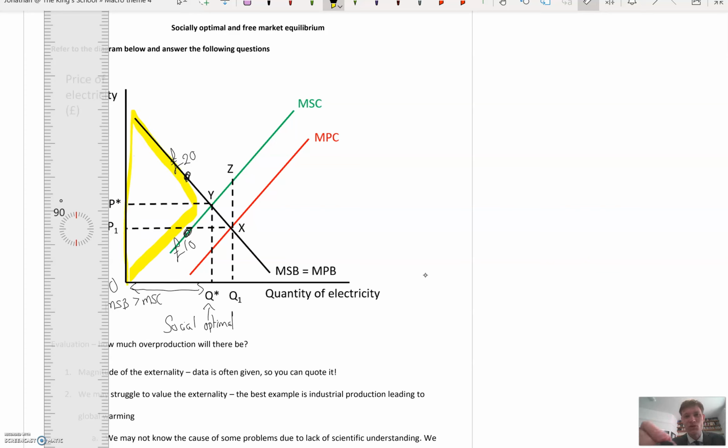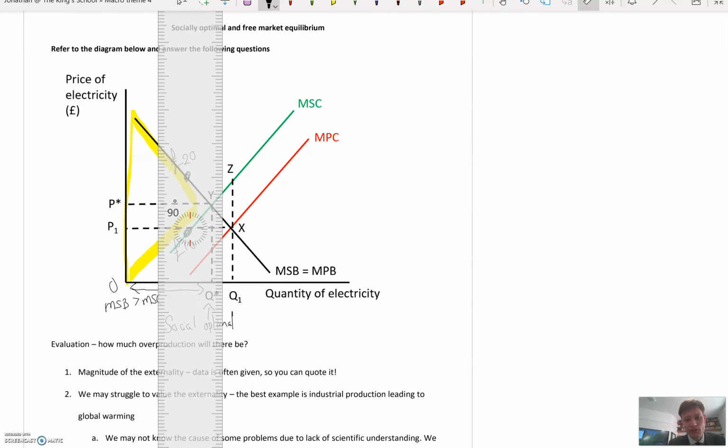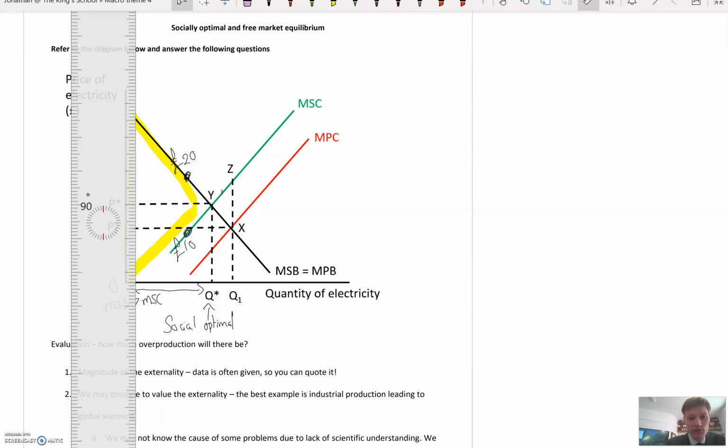Now, as soon as I go beyond Q star, you notice my green line becomes higher than my black line. I've got goods where the social cost is greater than the benefit, anything from there to there. The MSB is less than the MSC.